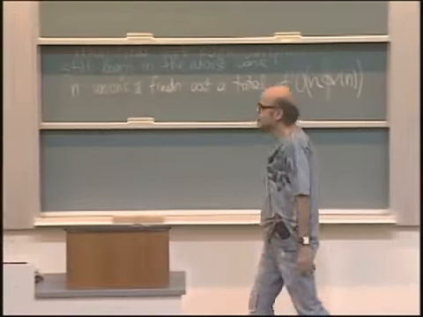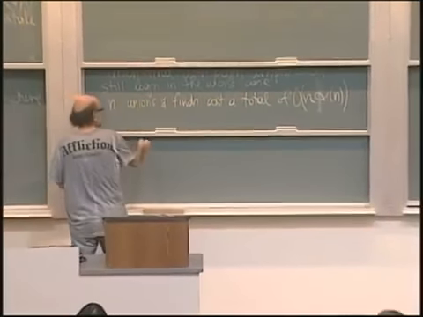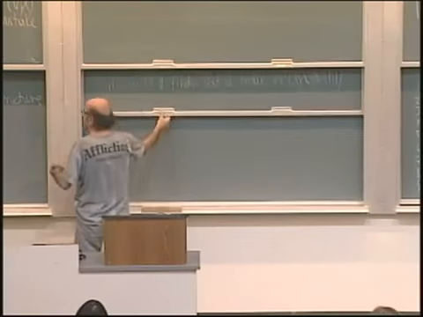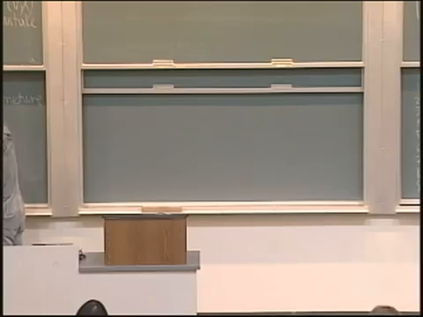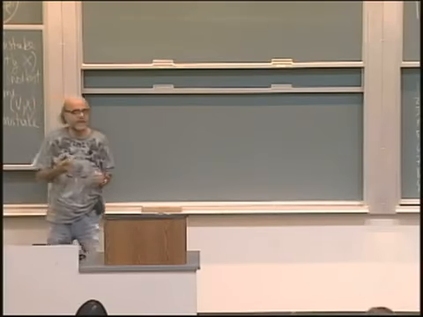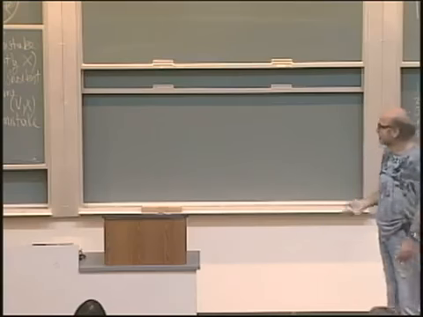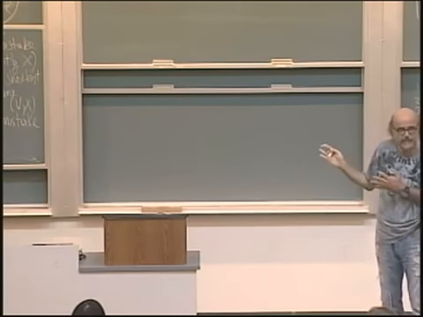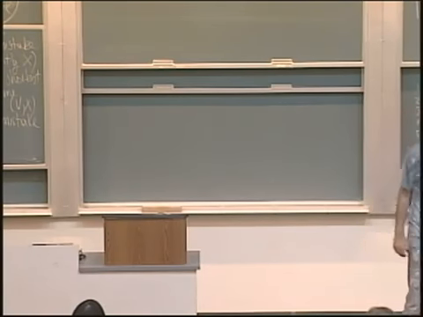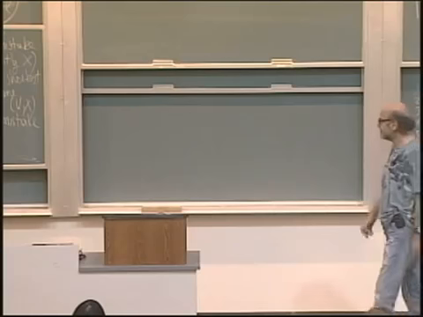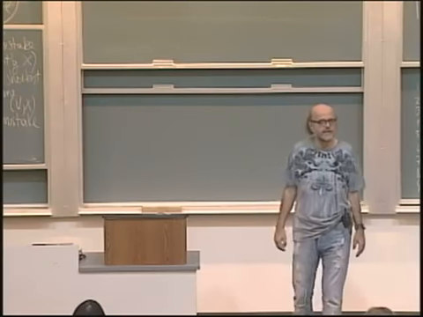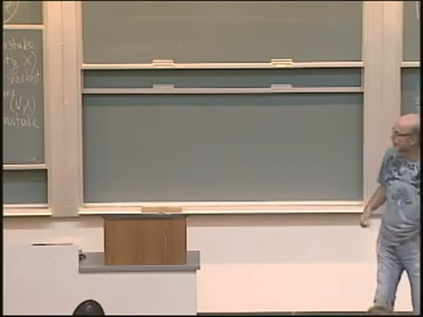Let's see. I'm going to give you another algorithm for minimum spanning tree. Of course, I'm going to use the cut property, the same theorem. So what will be the nature of my algorithm? What's the difference?